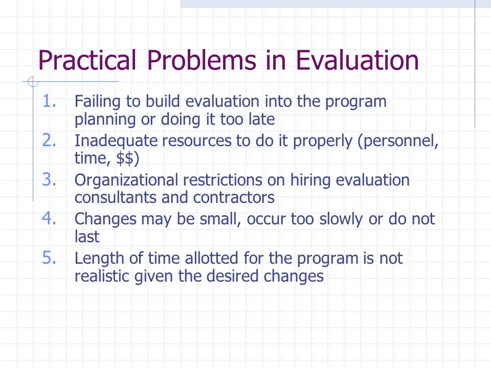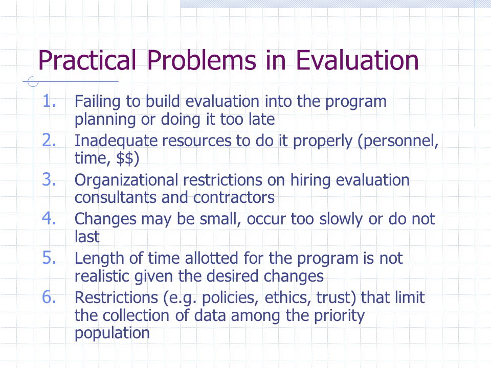So if we want to see big changes in disease rates, incidence rates, we're probably looking at decades for that to happen, and we may not have funding for that period of time. And then restrictions that may limit the collection of data with the priority population, and those can have to do with policies, with ethical issues, and with trust or a lack of trust between the program evaluators and the priority population. We hope that doesn't happen, but certainly can be a limiting factor.